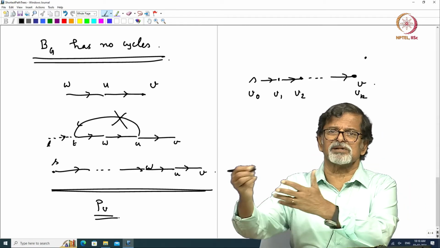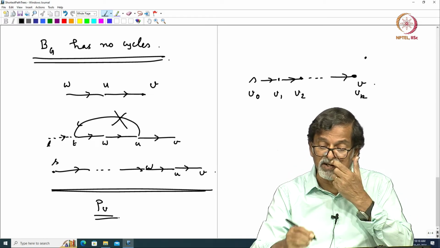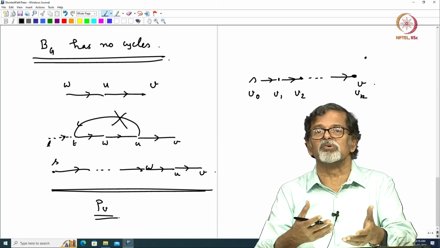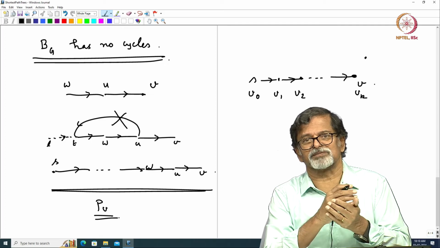Because it is a path, we name it like this so that we refer to the edges as V0 V1, V1 V2 and so on, so that it becomes easy to do index based computation.